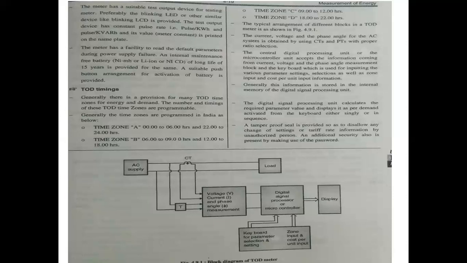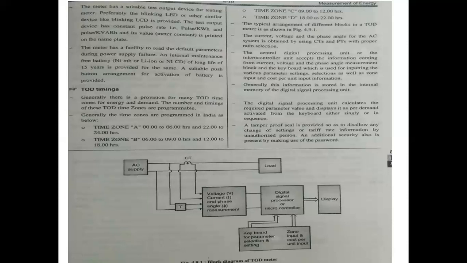The typical arrangement of different blocks in a TOD meter is shown in the figure. The voltage, current and phase angle of the AC system are obtained by using CT and PT with proper ratio selection.